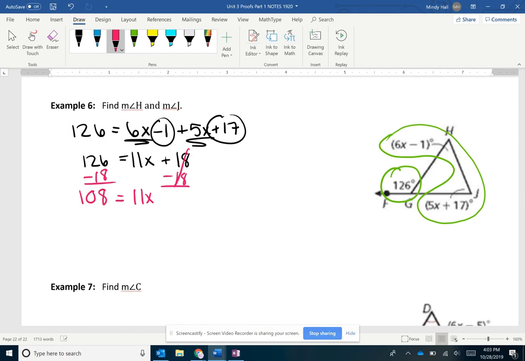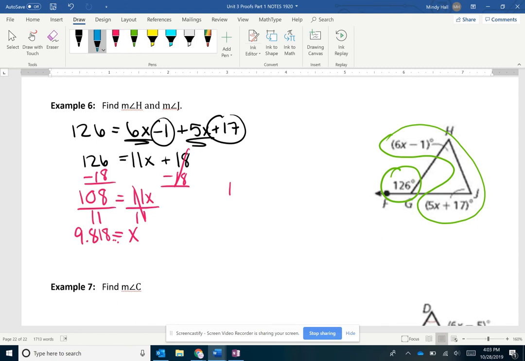And then when we divide by 11, we get a decimal. Oh no, sad day. And it's 9.818, and it just kind of continues. So if I want to know the measure of angle H and the measure of angle J, if you have a graphing calculator, you can just have it continue these numbers for you.